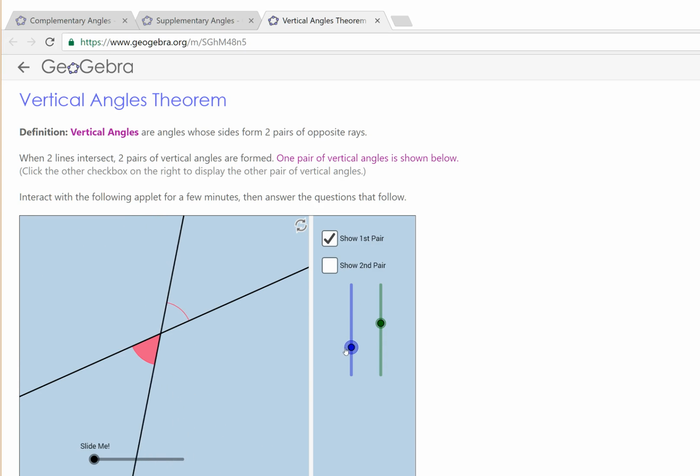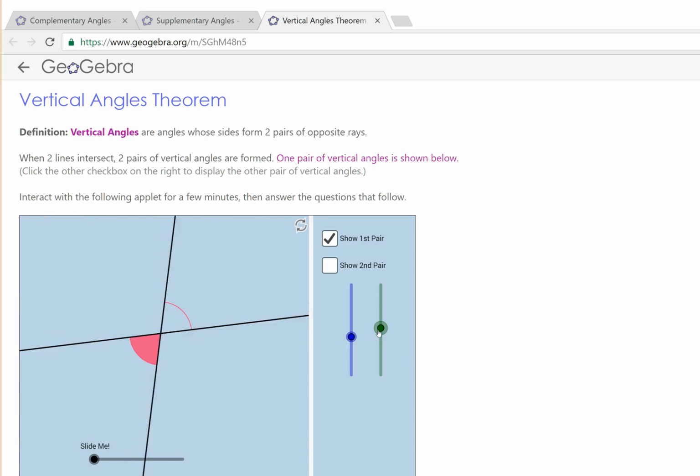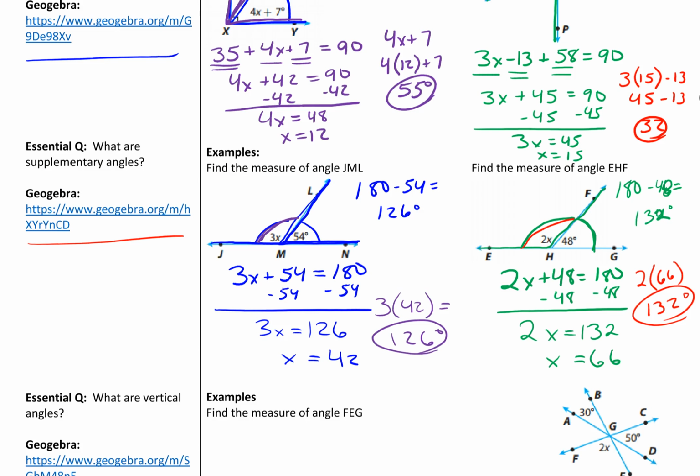And if we move our sliders around, we see that those angles are the exact same. You can do that too. We can look at another pair and see, okay, these two angles are exactly the same. They are directly across from each other, and they are exactly the same.